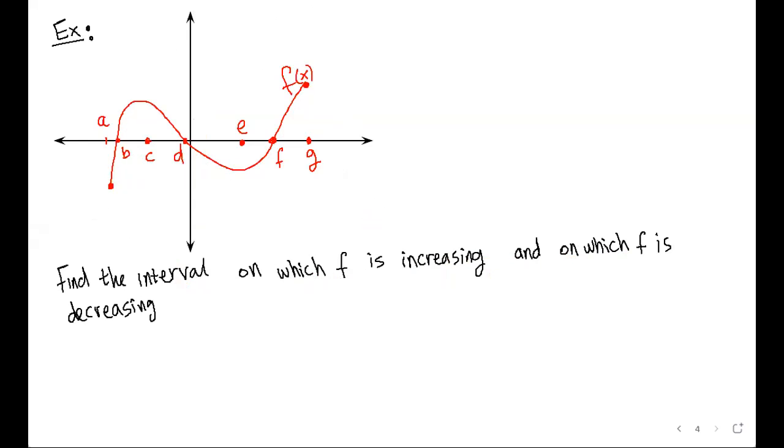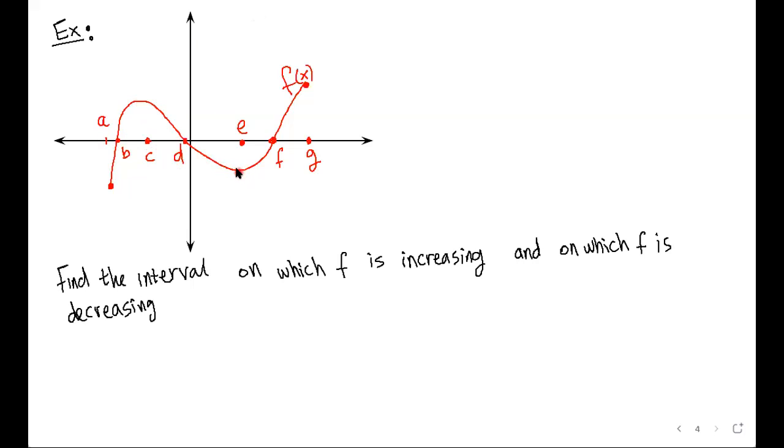For something like that, we have to split this curve into pieces. So this is my first piece here. From A to C is increasing. Okay. C to E is decreasing.